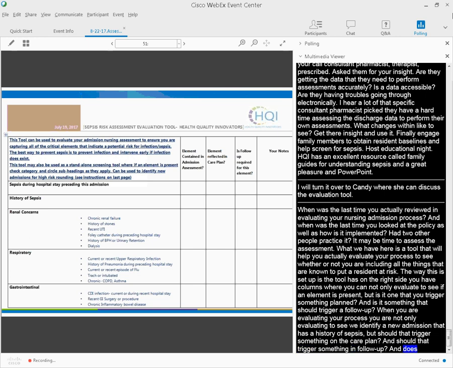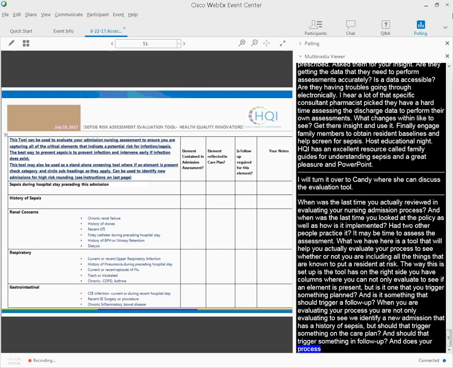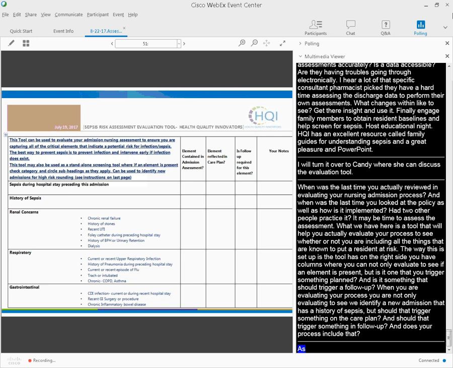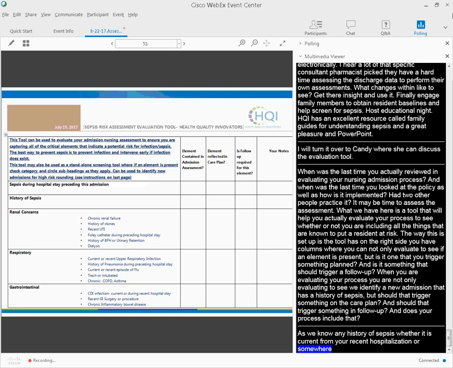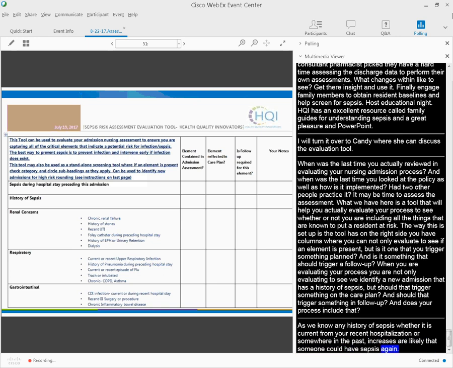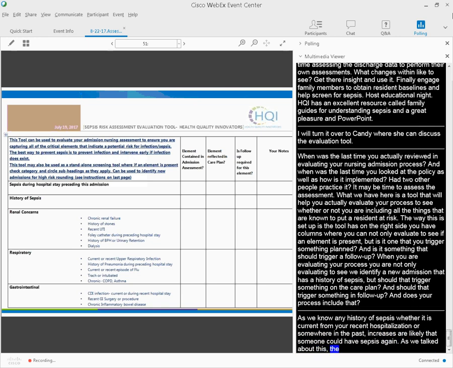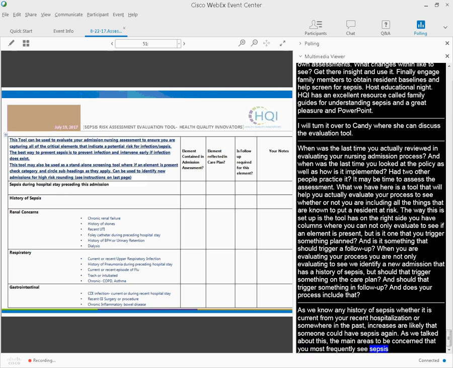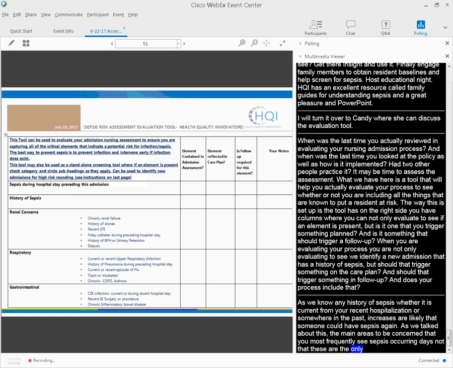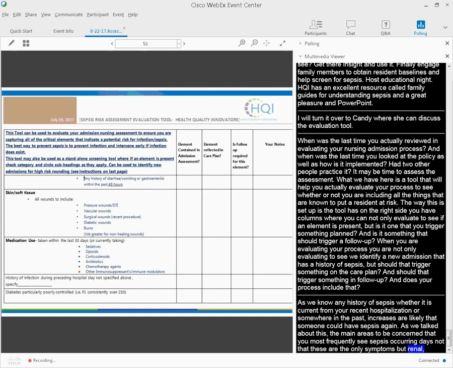As we know, any history of sepsis, whether it's current from the recent hospitalization or somewhere in the past, increases the likelihood that someone can have sepsis again. As we talked about, the main areas where you most frequently see sepsis occurring, not that these are the only systems, are renal, respiratory, GI, neurological, and skin and tissue.